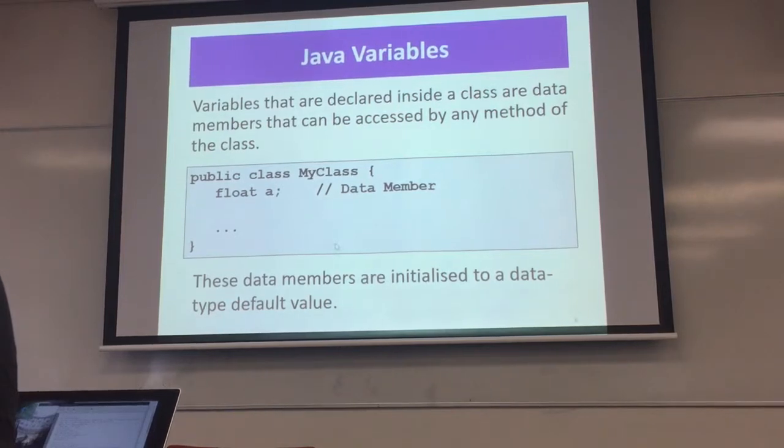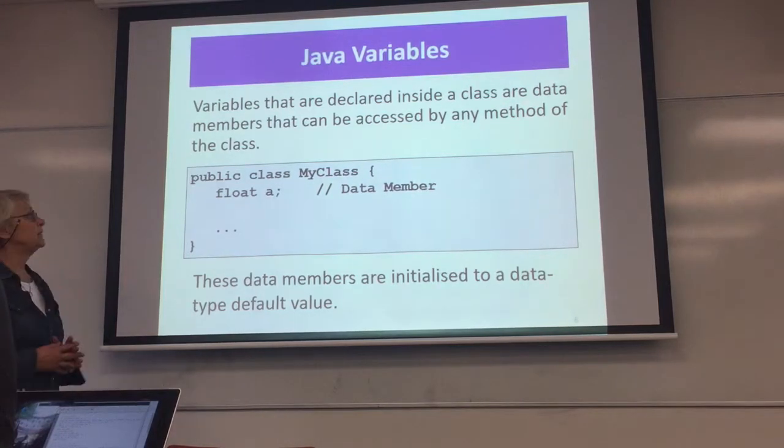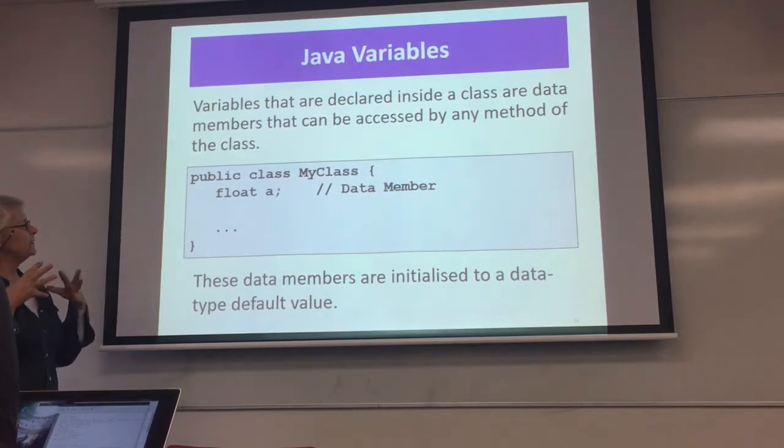Like in C++, something declared inside a class is a data member and can be accessed by anything in the class. We will see that the visibility rules in Java compared to C++ are a little bit different.